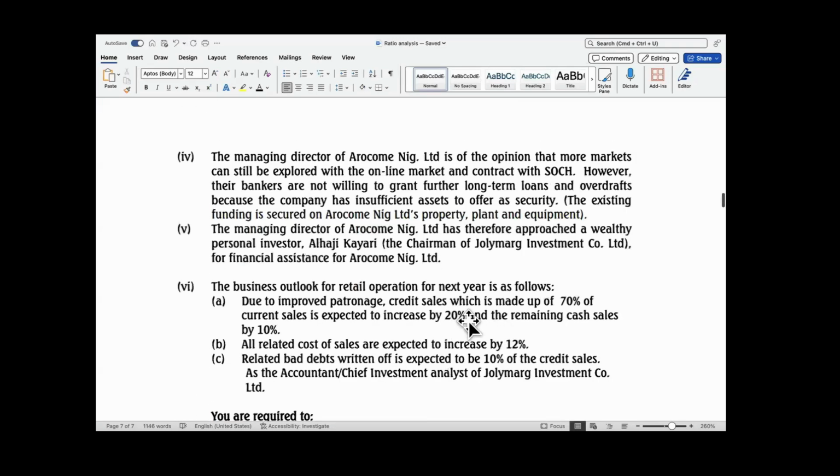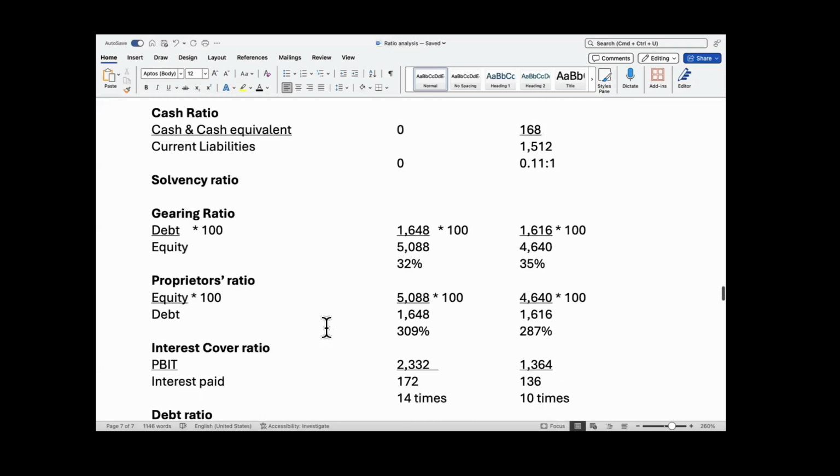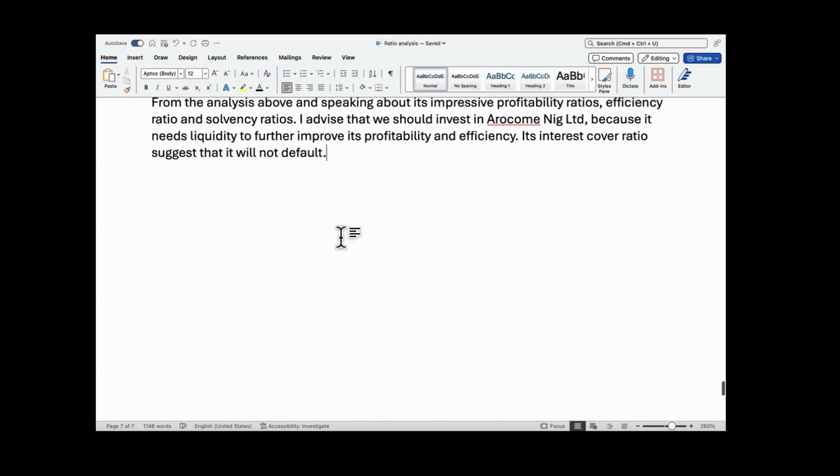And they're expected to increase by 20% and 10%. Okay, good. So let me do that forecast, but I have to do some workings.